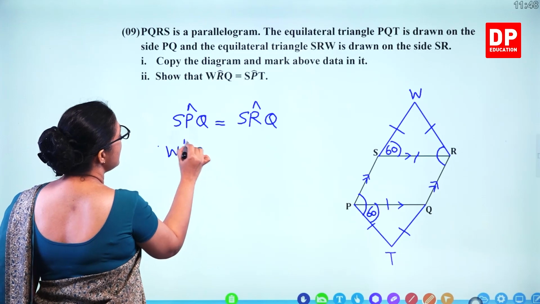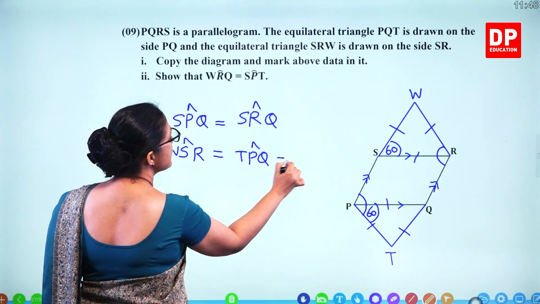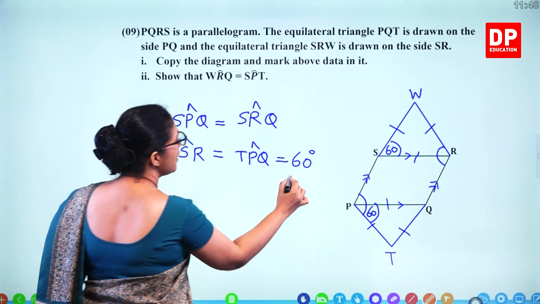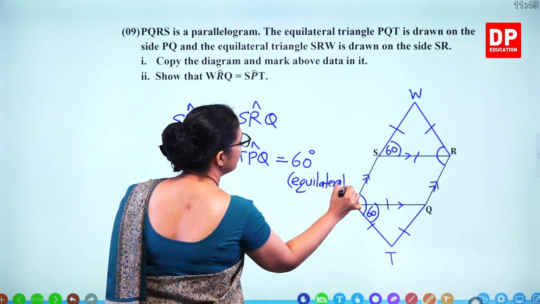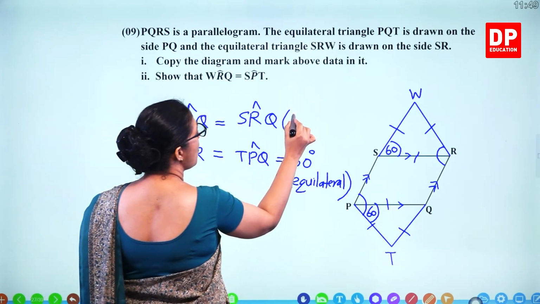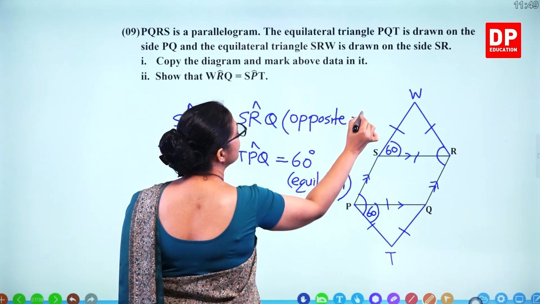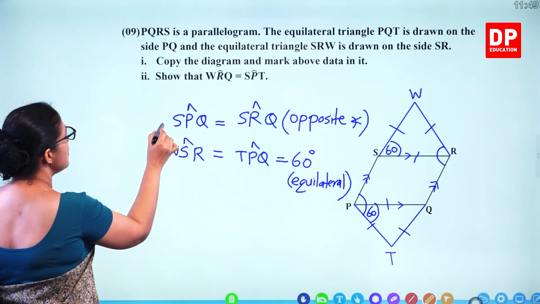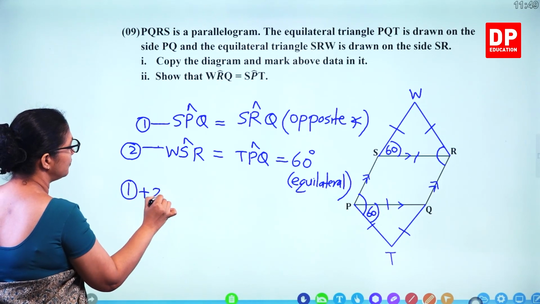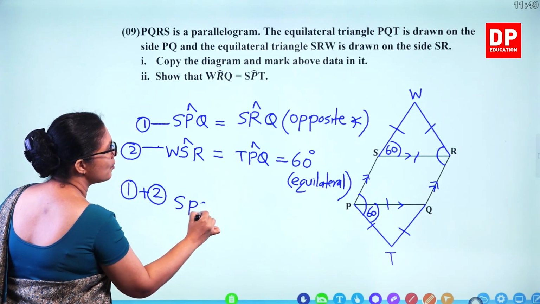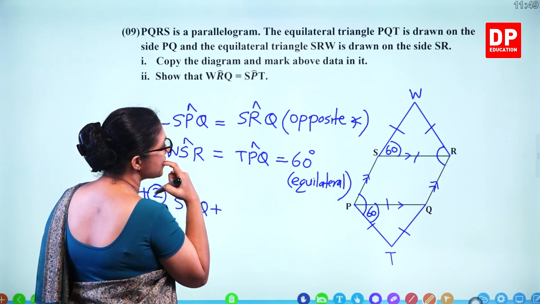And we can write WSR is the same as TPQ angle, that's 60 because of the equilateral triangle. And this one we can say opposite angles of a parallelogram. Now we'll add these two. When you add 1 and 2, SPQ plus QPT is equal to SRQ plus WSR.